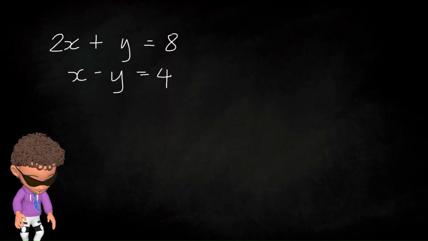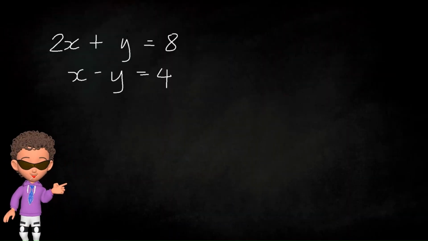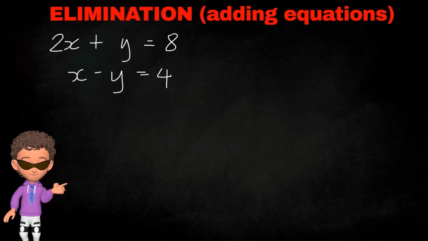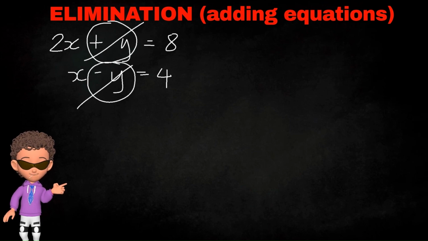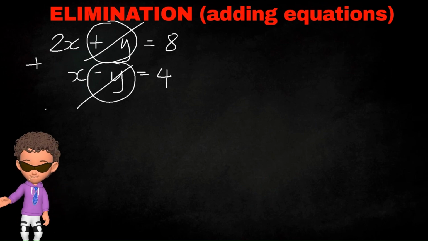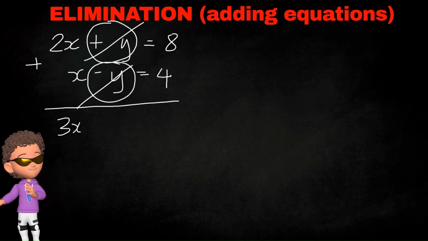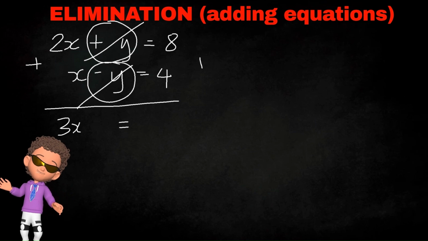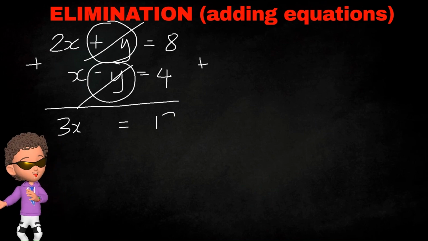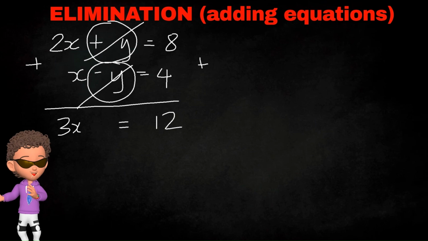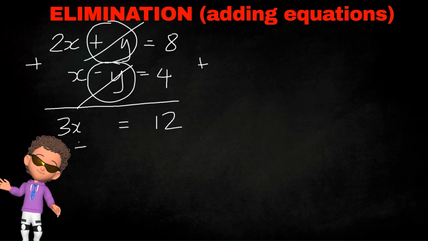Let me explain how we can solve the next system using elimination by adding both equations. First, I want to eliminate the y. This is easy because they can cancel each other out. I can simply add both equations together now, so I have 3x equals 12.